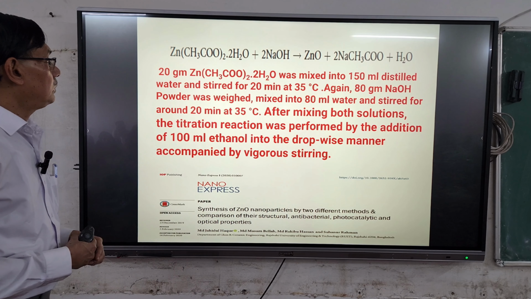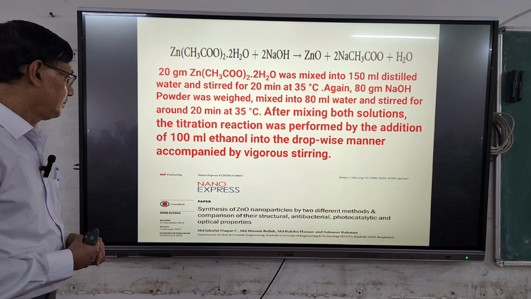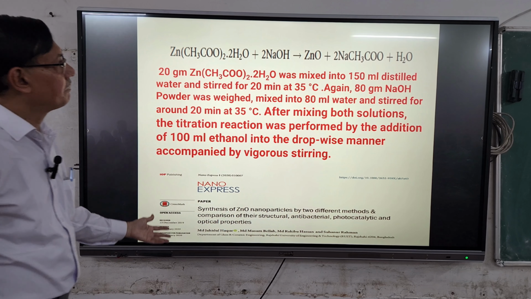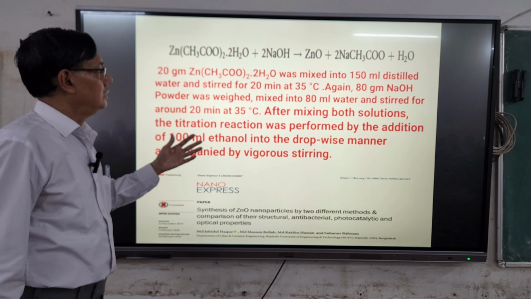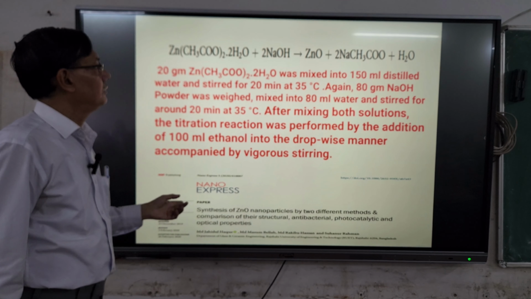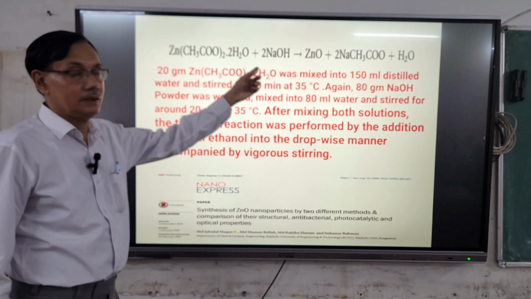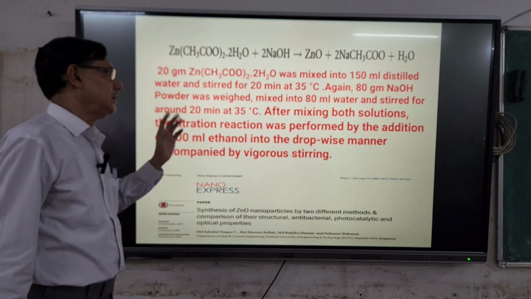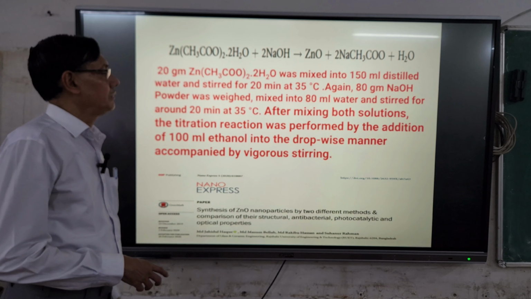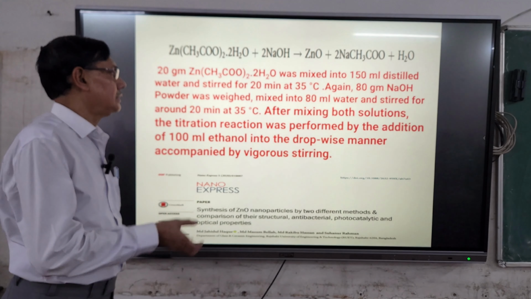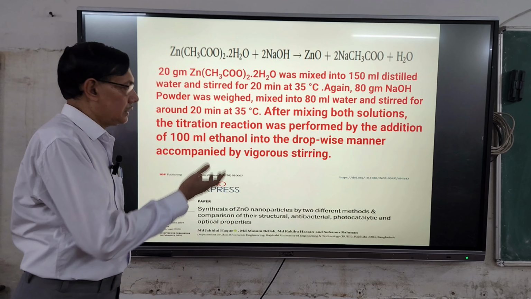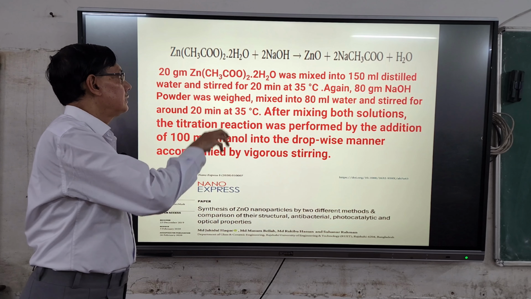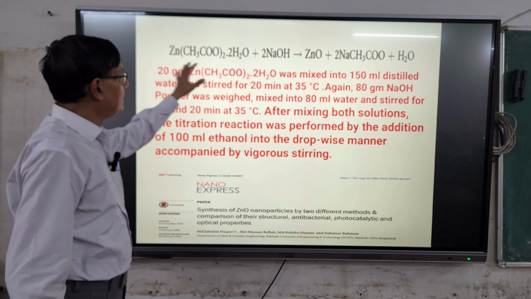Now suppose I want to prepare zinc oxide nanoparticles. Again I am taking this method, and you realize that everywhere I am using the equations. That is my objective, because we are chemists, as I have told you several times. We are interested in the chemical methods and the bottom up method, not the top down method, lithography and other things. Therefore my concentration is on the chemical reactions.